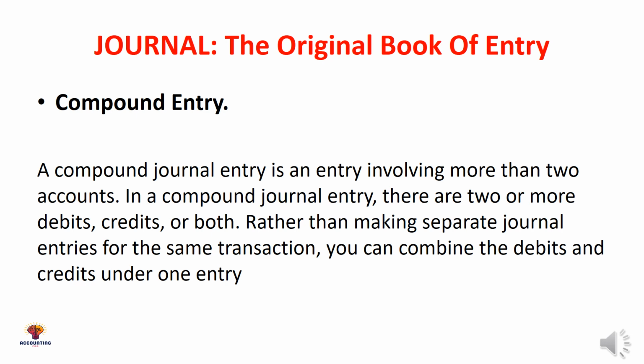For this entry, salary account will be debited with 500 rupees and rent account will be debited with 300 rupees, and the cash account will be credited with 800 rupees. And the narration written below is salaries and rent paid. Hence two accounts have been debited and the entry involves three accounts. Hence it is a compound entry.